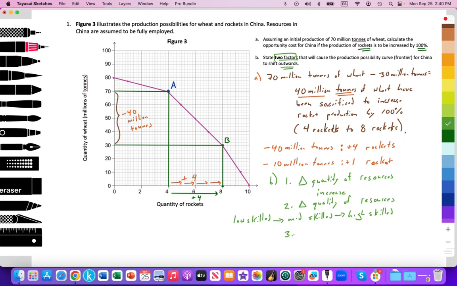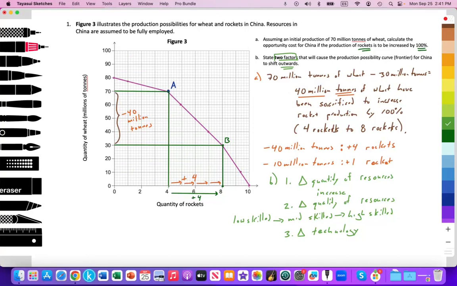And the third factor is a change in technology. If the nation acquires innovative, new, productively efficient technologies, then with the same quantity and quality of resources, you can produce more because you have productively efficient technology to do it.